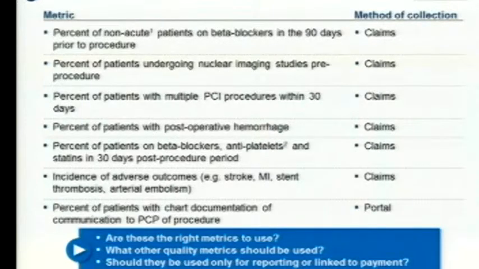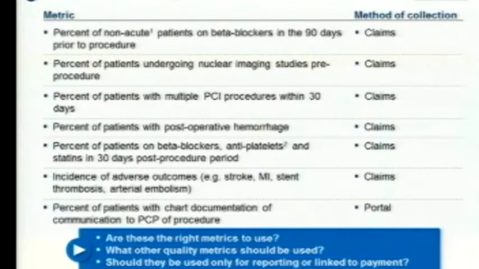The first one is the percent of non-acute patients on beta blockers in the 90 days prior to procedure, the percent of patients undergoing nuclear imaging studies prior to the procedure, the percent of patients having multiple PCI procedures within the 30 days, percent of patients with post-op hemorrhage, percent of patients on beta blockers, antiplatelets, and statins in the 30 days following the procedure, tracking the incidence of adverse events, whether that's a stroke, MI, etc. And then the last one was really a helpful mechanism for providers to understand what percent of patients that have had a PCI are seeing their outpatient PCP or cardiologist, whoever is helping to manage that care, to really manage readmissions and so on.